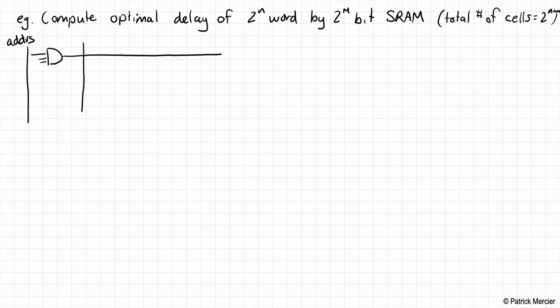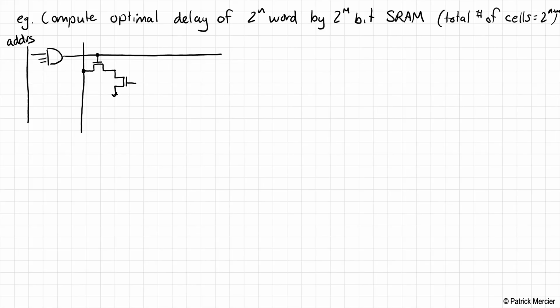These word lines are also going to be next to bit lines, which are going to attach to access transistors that are connected to inverters. Now, for the purpose of this logical effort calculation, I don't need to show the PMOS transistors because the PMOS transistors are just there to hold the bit lines high, and there's no action there. We only care about discharging the bit line.